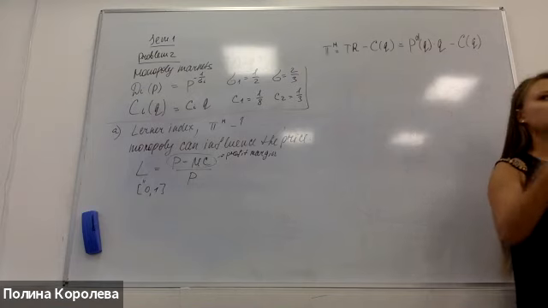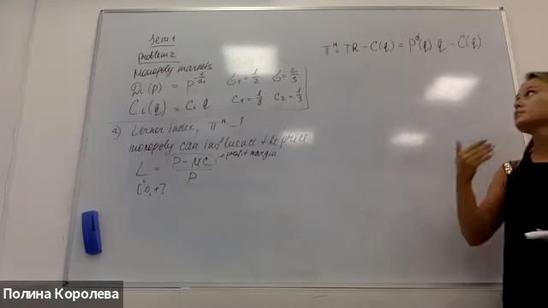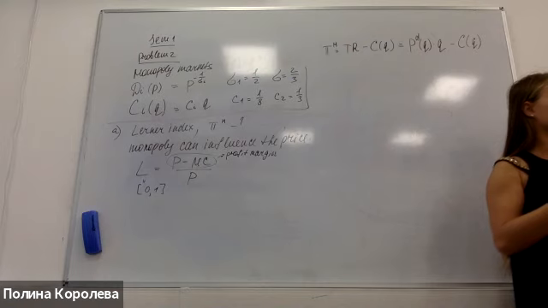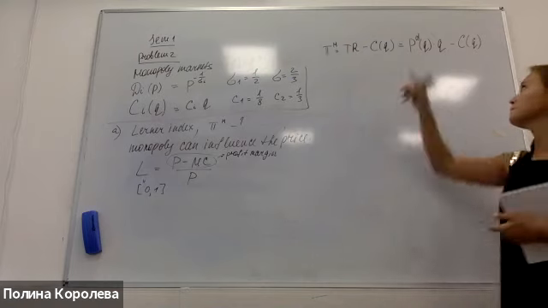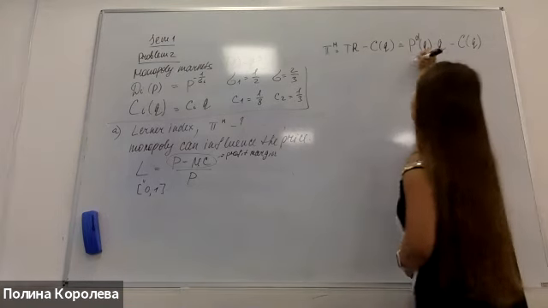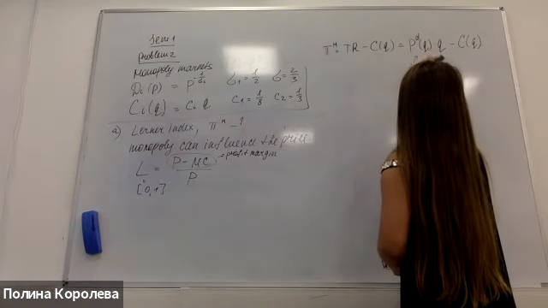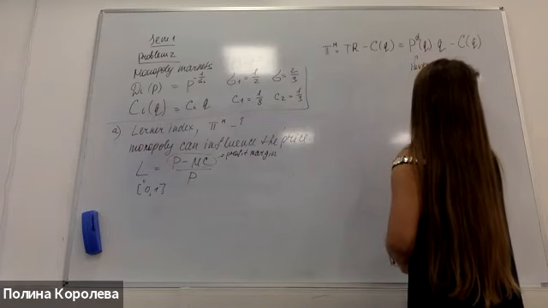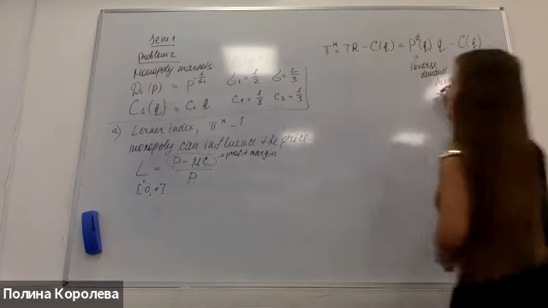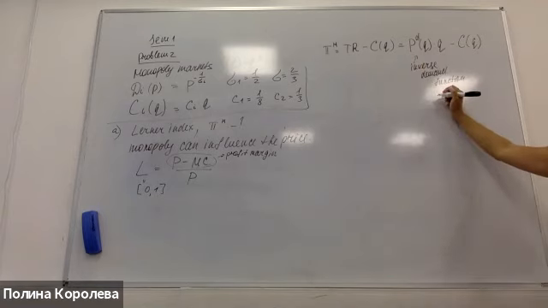And maximum willingness to pay is the definition of the inverse demand function. Maximum willingness to pay, you know this. So here, the inverse demand function, because the monopolist is a price maker.